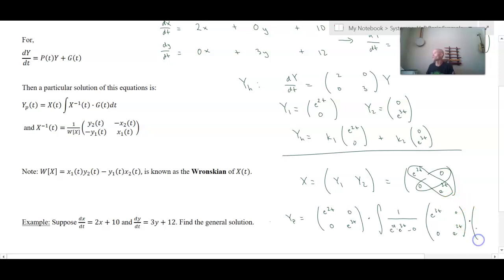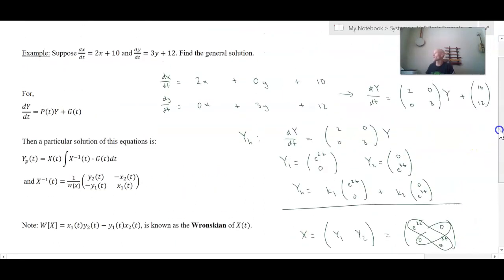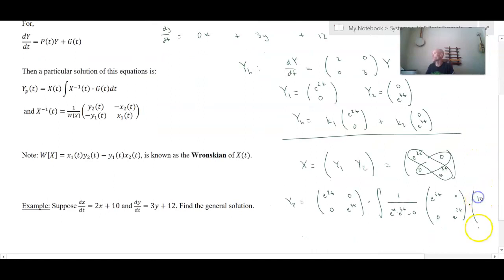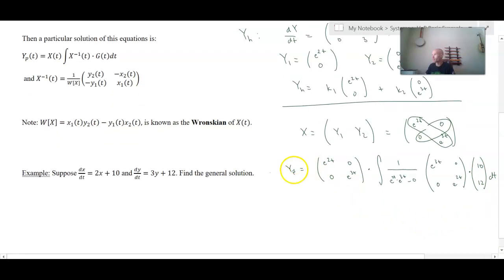Okay, so g of t is our constant vector consisting of the components 10 and 12. And this gets integrated with respect to t. All right, so now we have e to the 2t, 0, 0, e to the 3t, times the integral.